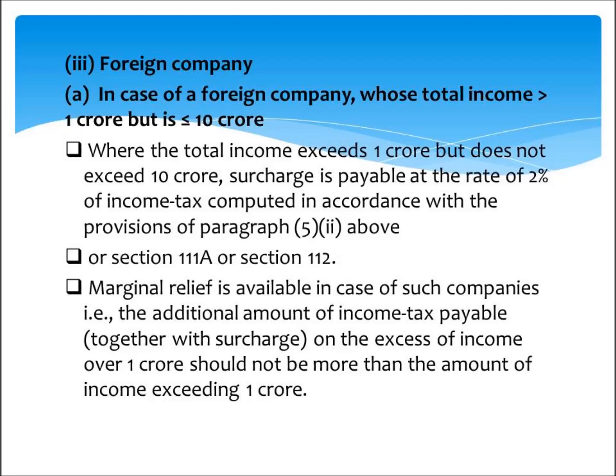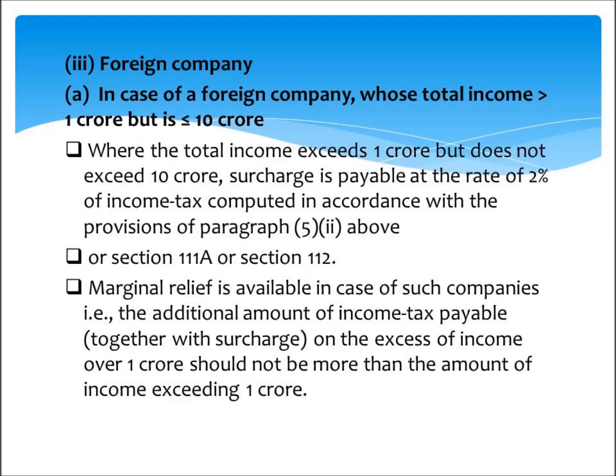So, the total tax payable including surcharge will be 40% plus 2% of 40%, and that will be the total income tax payable by the foreign companies. As the rate of tax is higher for the foreign companies, that is 40%, the government has kept the rate of surcharge slightly lower than the domestic companies. So, this is how it is balanced. 2% is the surcharge applicable to foreign companies.